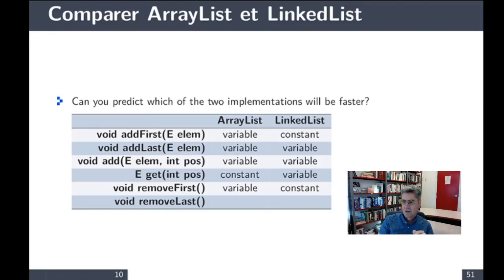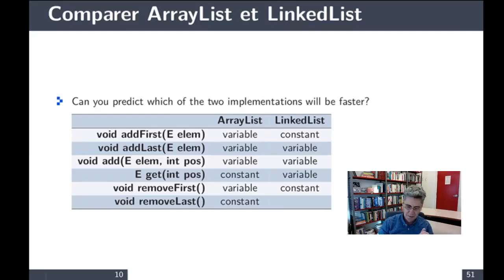If this data structure is only growing dynamically and never shrinking, then the time for remove last is constant, because we would simply remove the last element, put a null value there to avoid memory leaks, and change the value of rear or its equivalent to make it point to the cell before the last position.